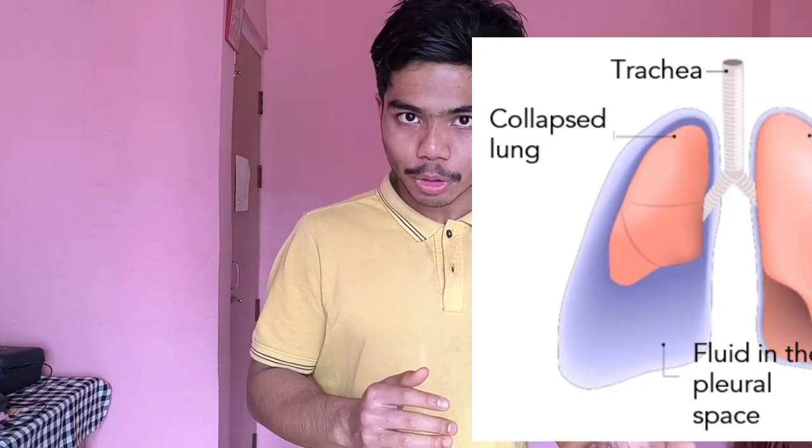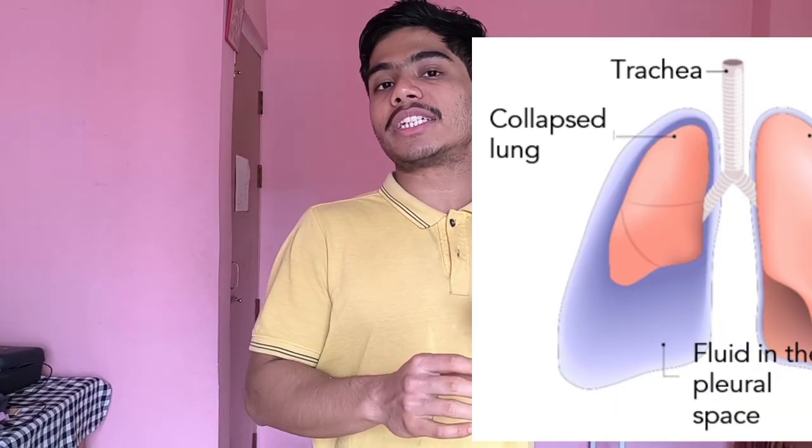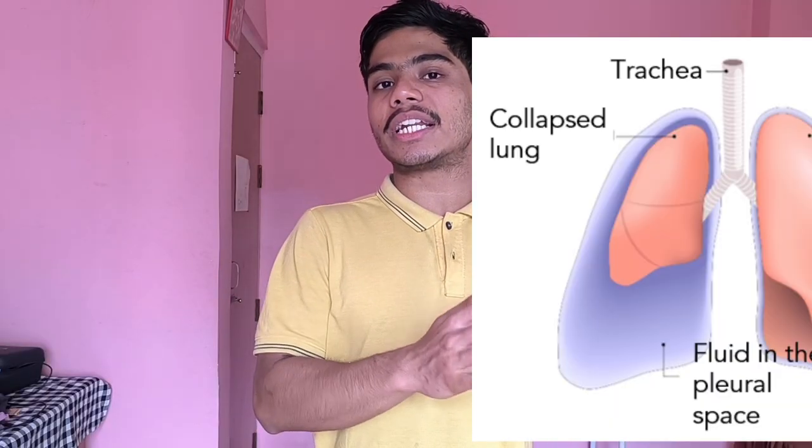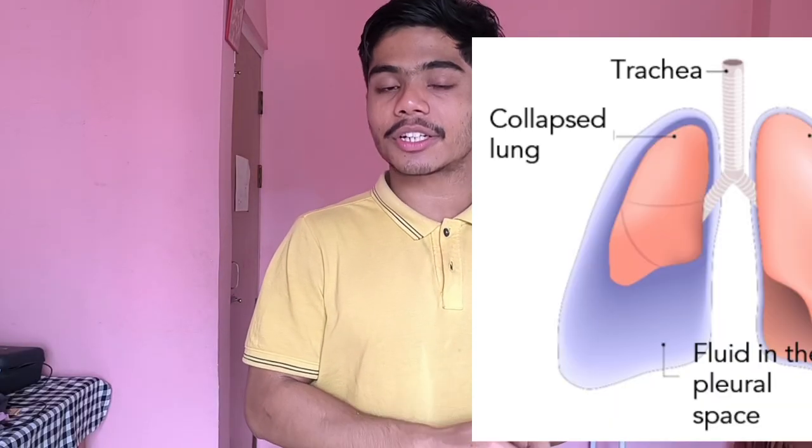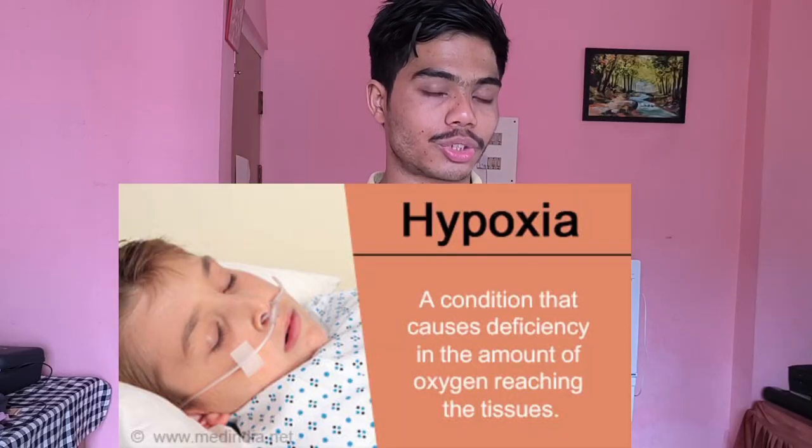Friends, as you already understood, in pleural effusion the lungs and the chest wall are unable to expand properly. As a result, inhalation and inspiration are affected. Due to this, less oxygen enters our body, and less oxygen is supplied to our tissues.